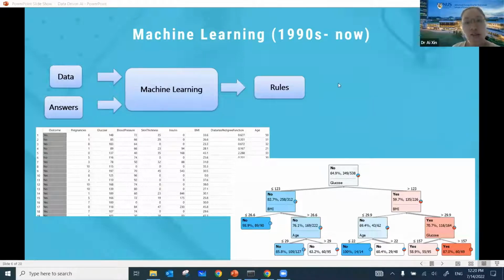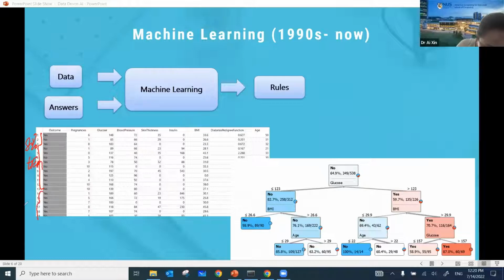There's another question. How much data is required to build a good model? How to test the reliability of the model? Let me answer the last question first. Normally when we build a machine learning model, we will not use all the data. Assume these are all the data we have. We will only use like 80% of data to train the model.